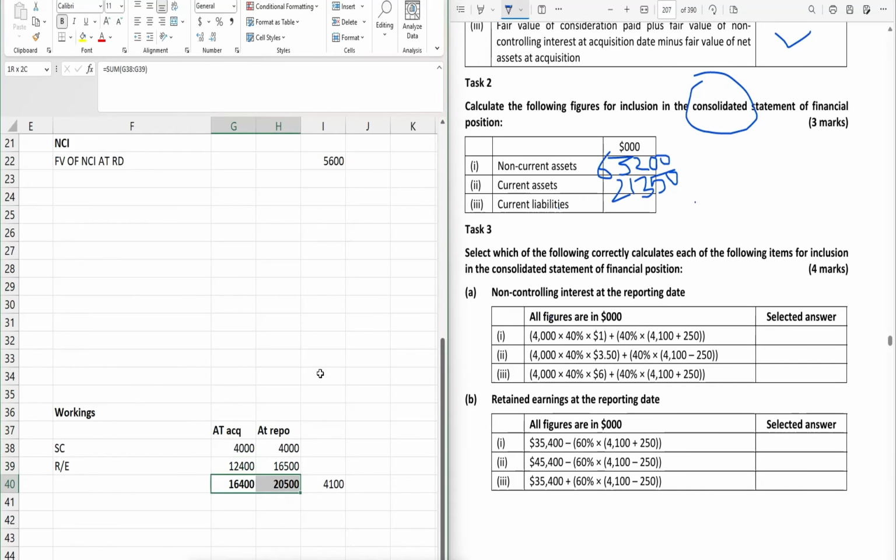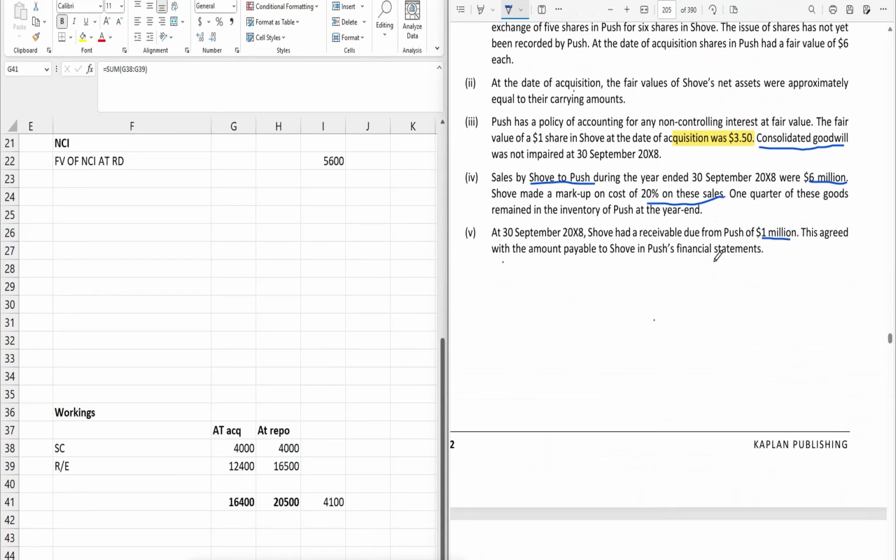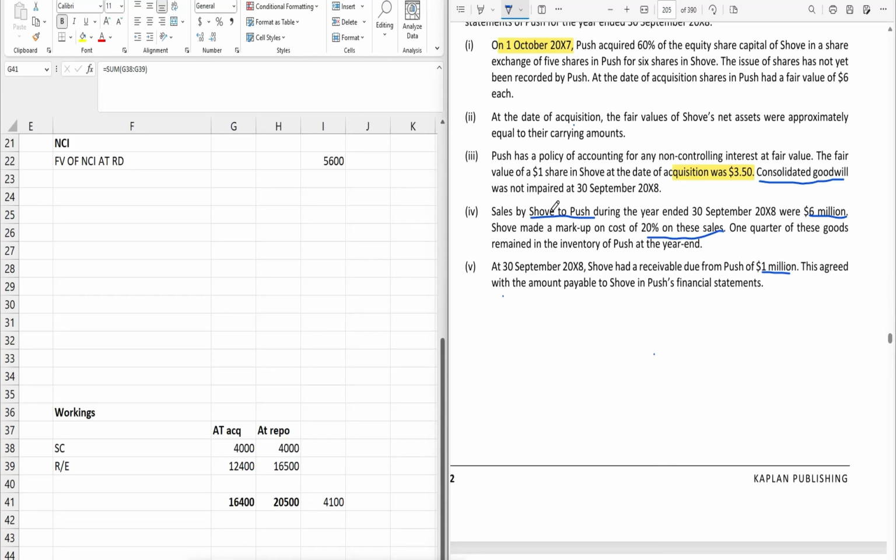As goods have been sold by SOW to the push, if you look at the question, I have said that if the subsidiary is selling goods to the parent, in that case we will adjust the PUP in the working too. So we need to make the adjustment for the PUP here as well, and we will subtract 250 from here.